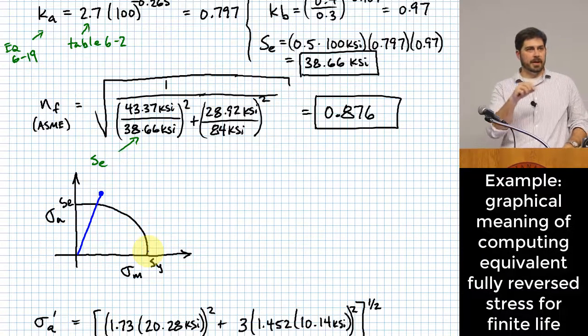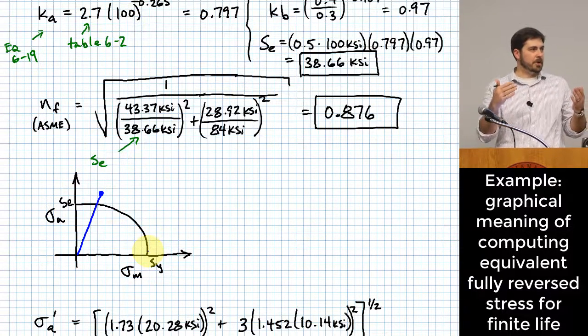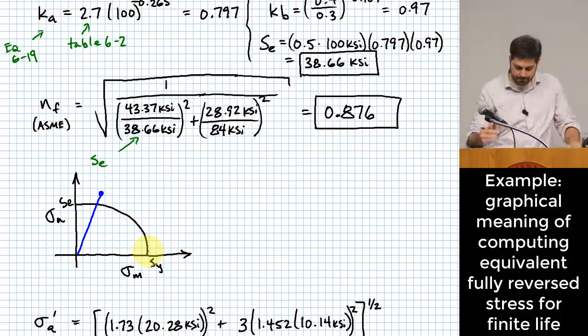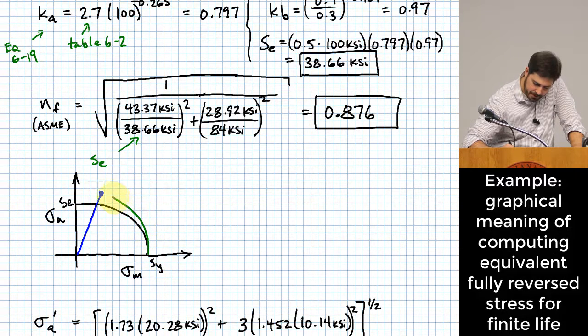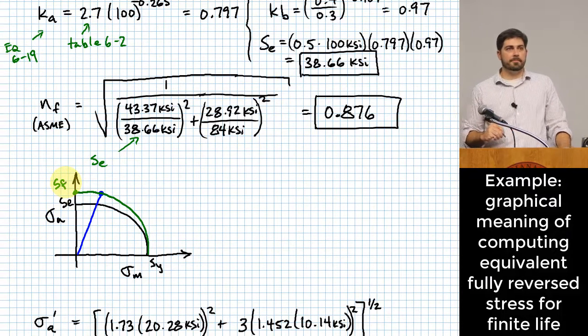We have some arbitrary type of load where we have a certain mid-range, a certain alternating component. And so what that involves is basically fitting another curve like the ASME elliptic ellipse through our point that we actually have so that we can find a point here that we call S sub f.